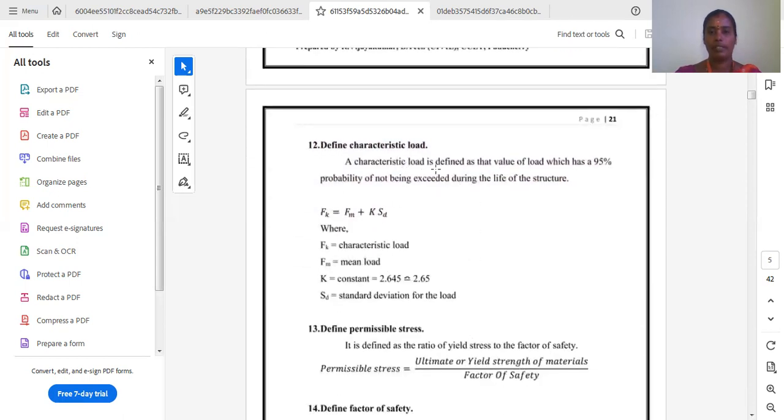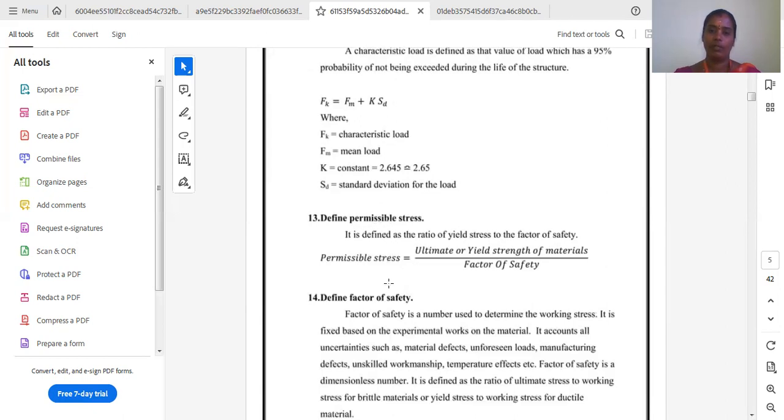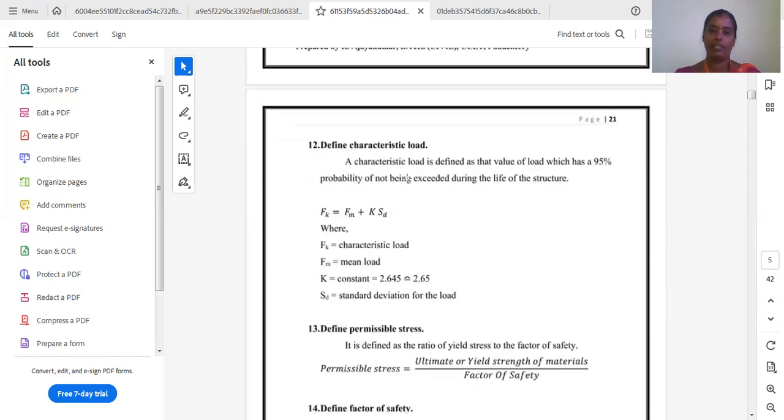The characteristic load is defined as the value of load which has a 95% probability of not being exceeded during the life of the structure. Okay. So all these theory parts and the problem formulas are given in your code book. Once you use the code book, you will be able to answer. Okay.